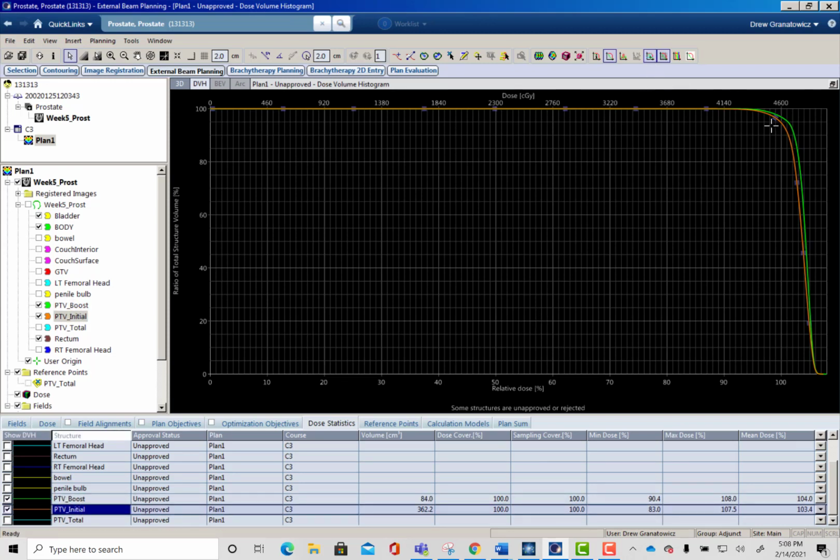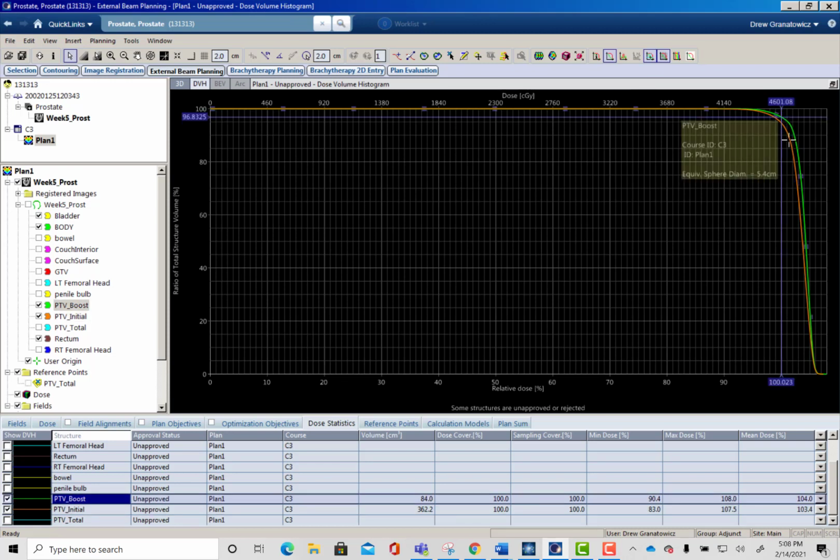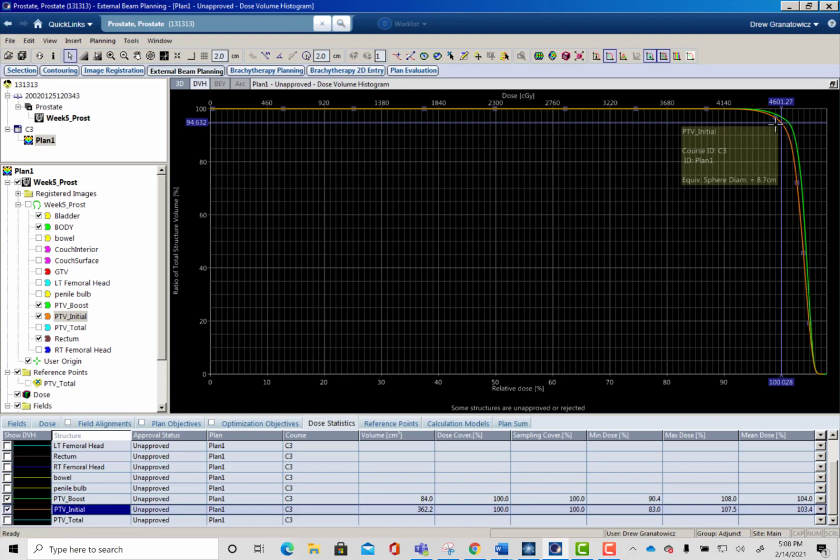And you can see what I was trying to explain before the video started. The boost, I'm actually covering 100%, is covering almost 97%. So we have more than enough coverage on our boost, but our initial is just slightly under. So 100% is covering 94.7%, so not quite 95.